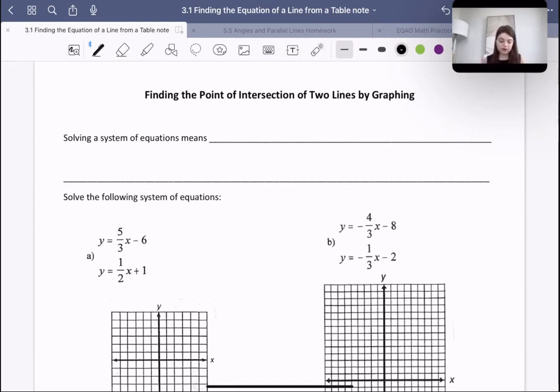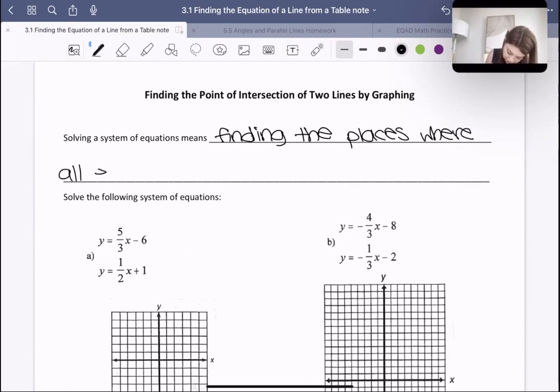So I also want to point out here that solving a system of equations means finding the places where all equations intersect. And I'm being purposely vague here, and I'll tell you why.